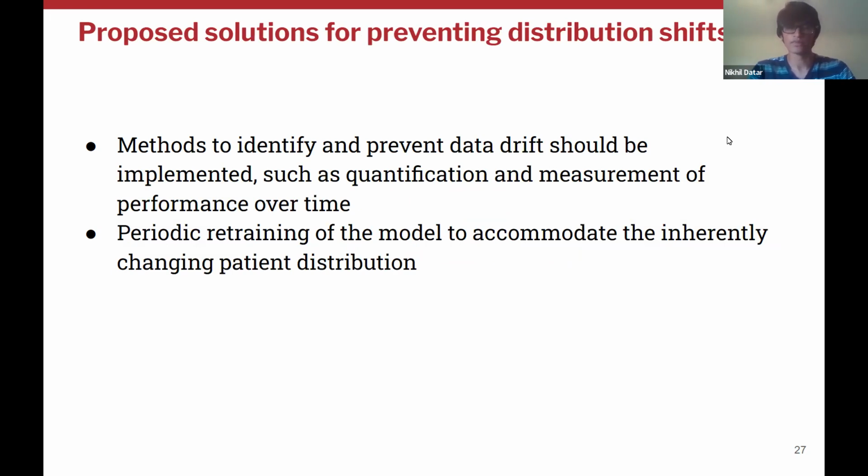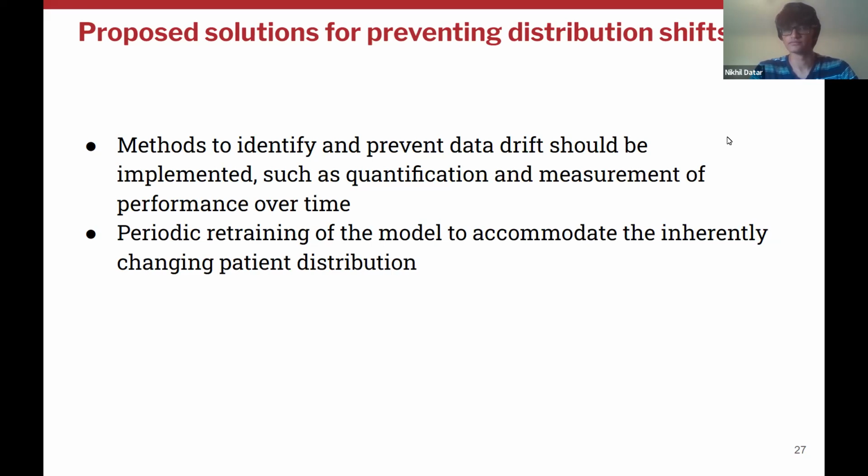And so if there are quantification methods put in place to identify the performance of these models, and you see that the performance is deteriorating over time, then it's more likely that some distribution shift has occurred within the data, and you can take steps to address it further.